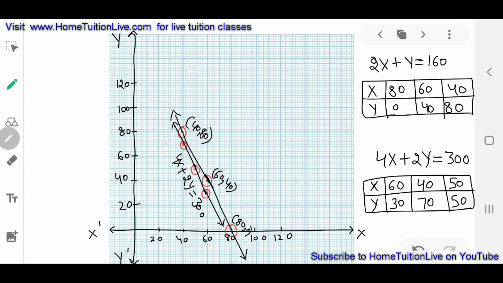So give the names to the points: 60, 30; 40, 70; and 50, 50. And this line is for 2x plus y is equal to 160.